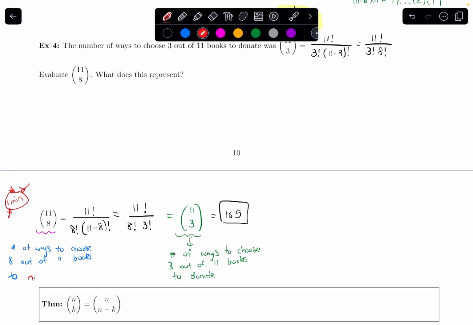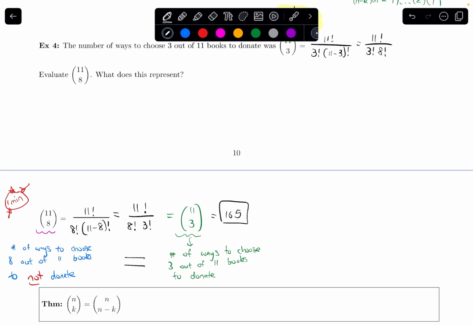There's 8 books that I'm not going to be donating. What if I instead just counted those? Conceptually, those should be the same thing. If I think about how many ways there are for me to pick the books to donate, that should match the number of ways for me to pick all the books that I'm not donating. There's a one-to-one correspondence between those two things. So these should be equal.